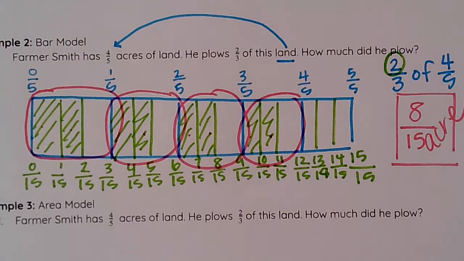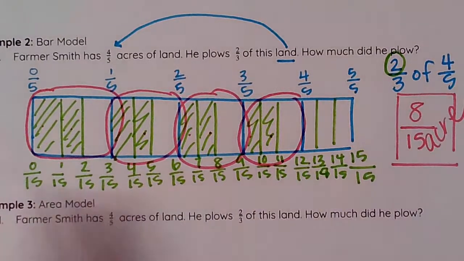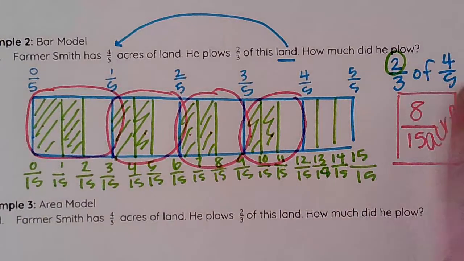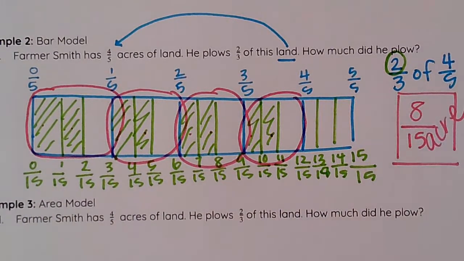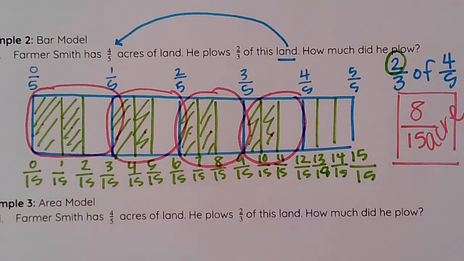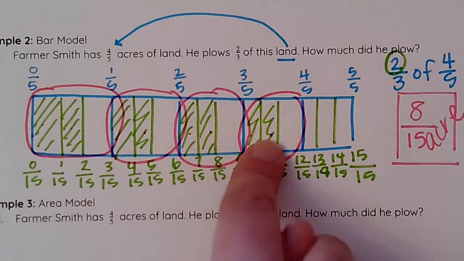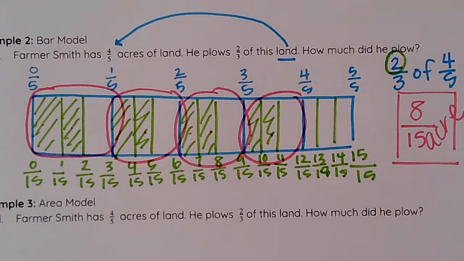Again, I divided my land into parts. I took each of these and just broke them apart. I had 4/5, which we can see circled here in pink. And then I had 2/3 of each of those, add it all up, and I've got 8/15.